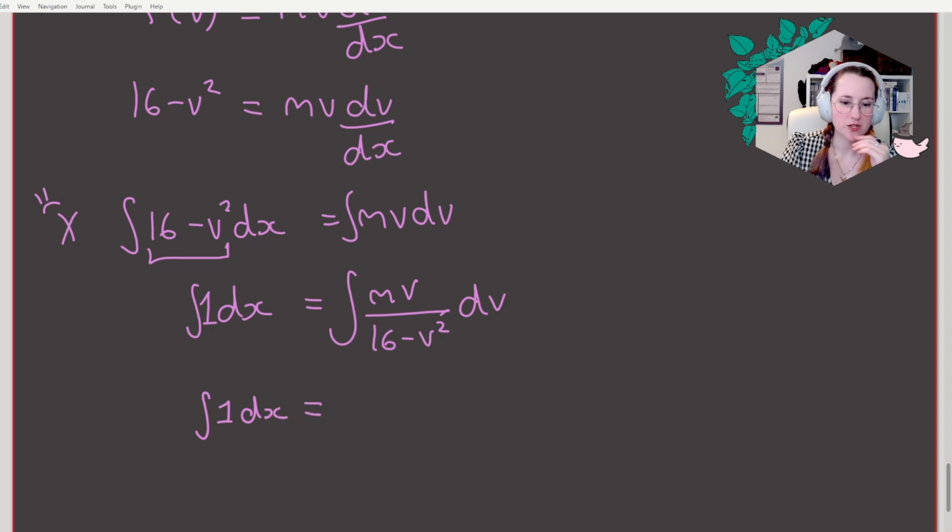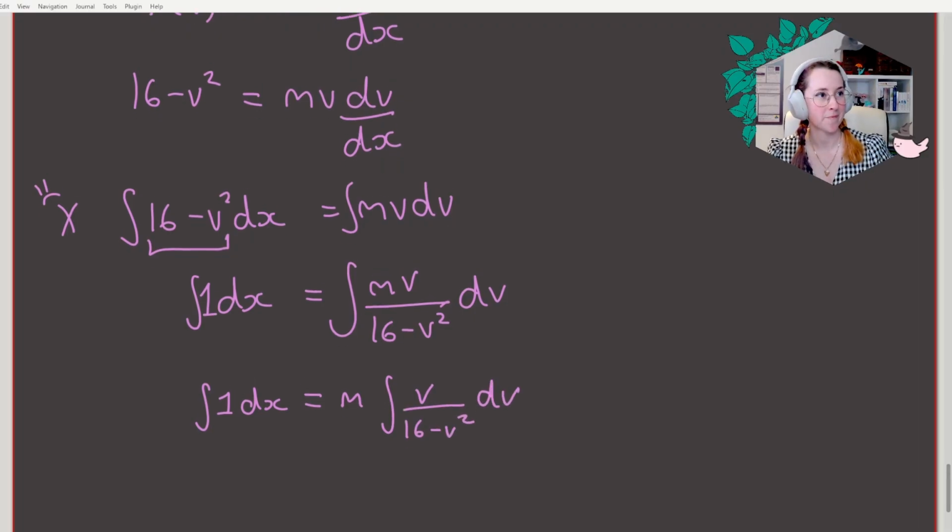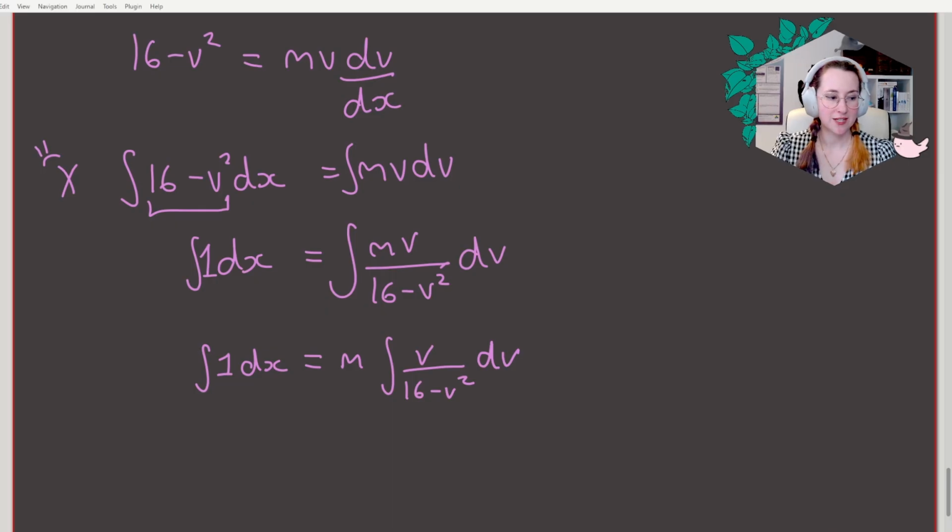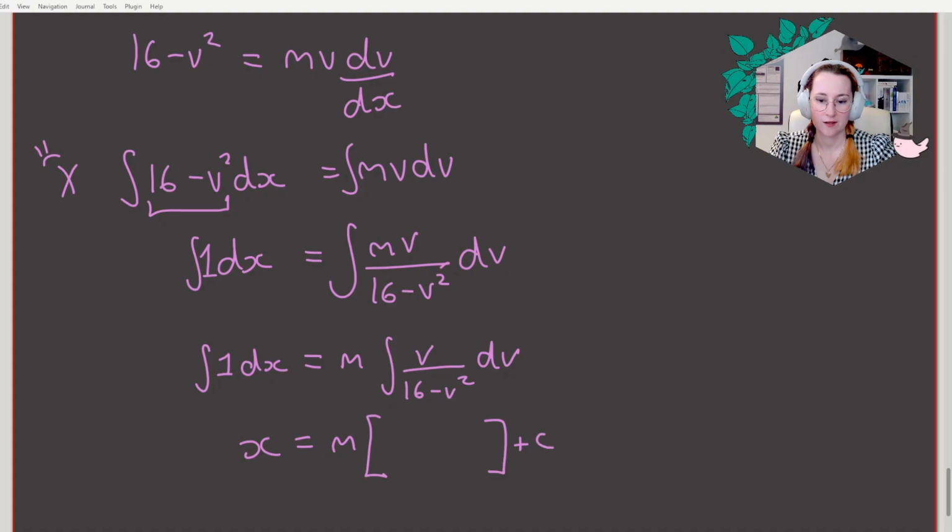That m is just going to annoy me, so I'm going to take it out the front, and I can't do anything else with that, so that is going to have to stay like that. The integral of 1 is x. Remember, we increase the power, so if we have nothing, we now have a value of x. And then we're going to have m times a thing, plus some constant term that we need to determine.